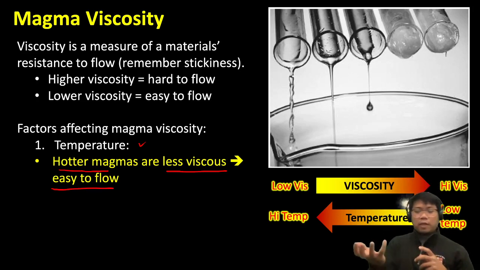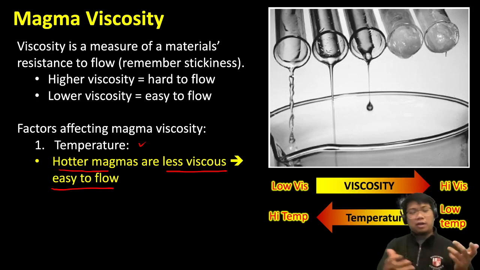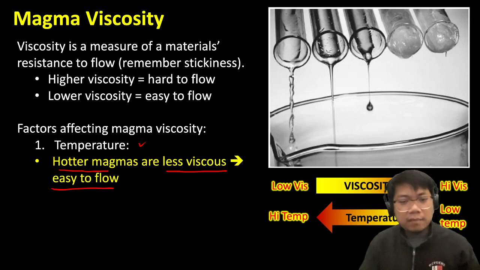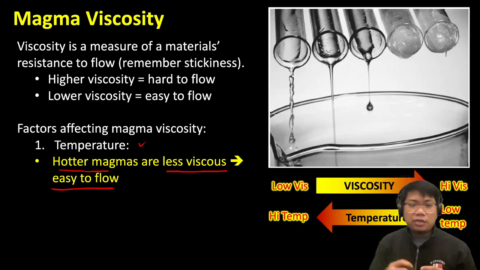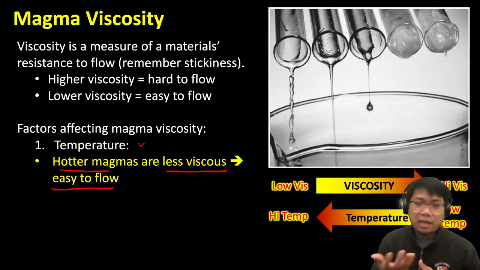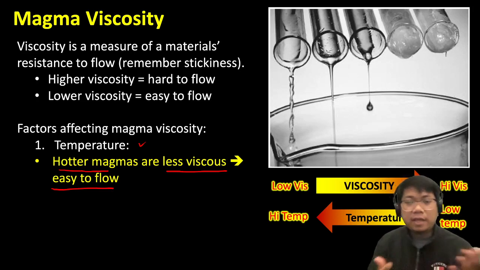One of them you heat up on a stove, and the other you put in a freezer or your fridge, and after several hours you compare the stickiness or thickness or viscosity of the two liquids. You could imagine that the hot honey will be much runnier or thinner compared to the cold honey. If you don't trust me, you can go ahead and do that experiment yourself at home.